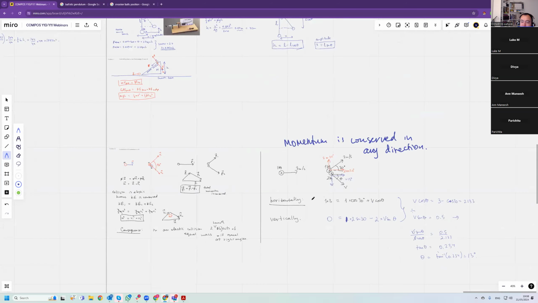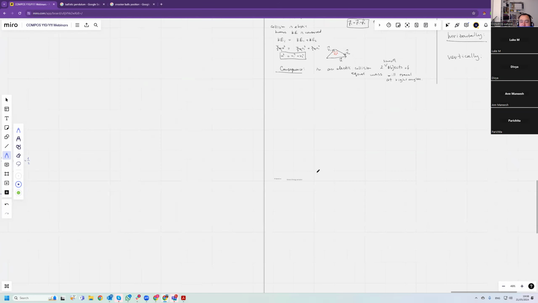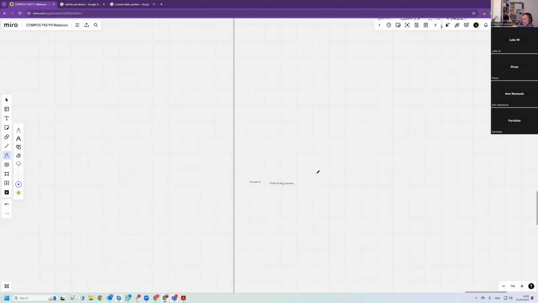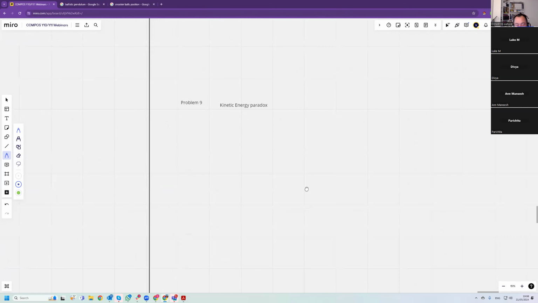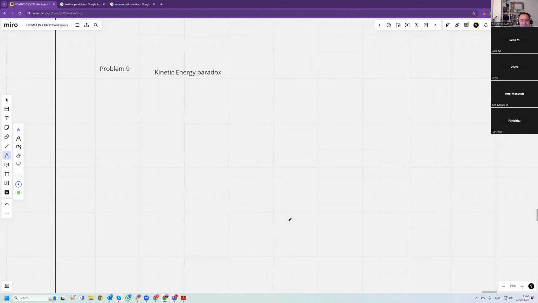Lovely. And finally, a topic that I really enjoy is called the kinetic energy paradox. So let's have a look. When we did Newton's laws, we discussed that there are inertial frames of reference and they are indistinguishable from one another.